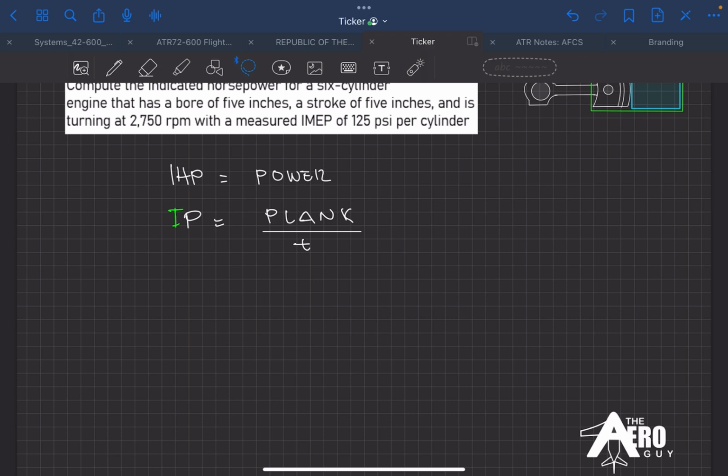Remember, 1 horsepower is just equal to 33,000 pound-feet per minute.